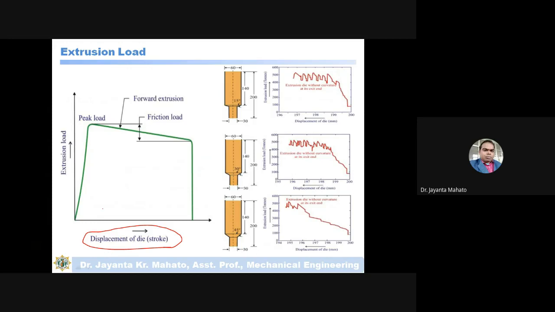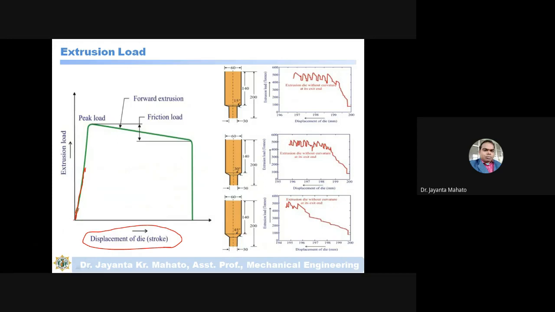When you move the ram, the load required to extrude the material will increase like this.